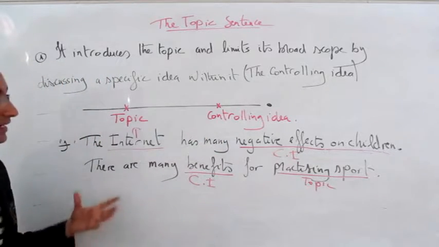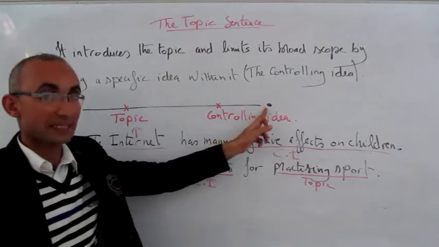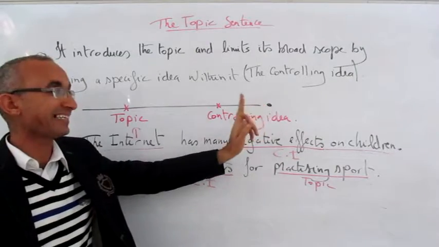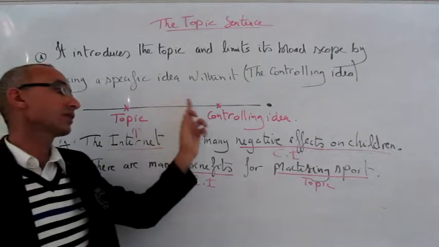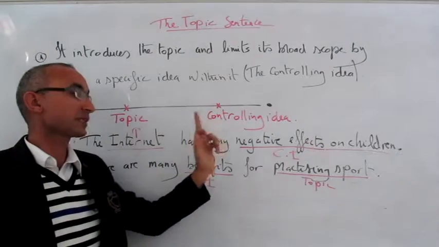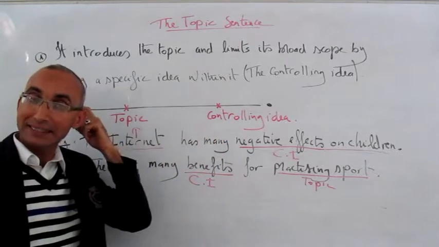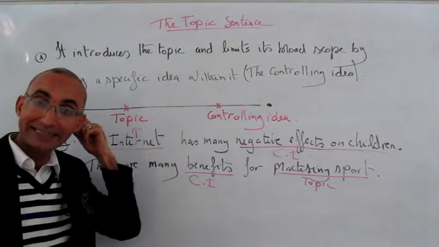What matters is that in your topic sentence, before you end it, you must include the keyword of the topic and the keywords of the controlling idea or a specific idea to make it academically correct and acceptable.